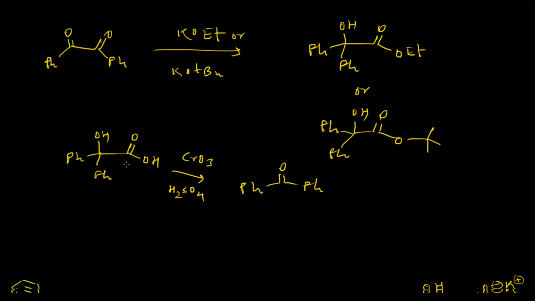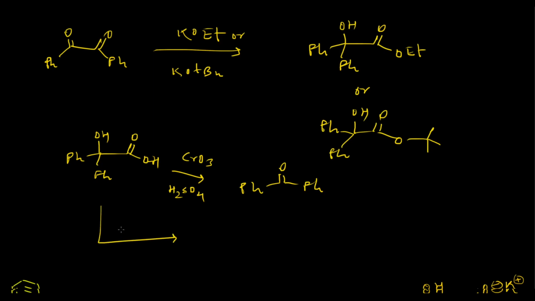The mechanism is very simple. First, this OH will coordinate with the chromium center, and then the elimination of this carbon dioxide molecule will take place from the system. I am not showing that mechanism. So this is an interesting conversion in synthetic organic chemistry.